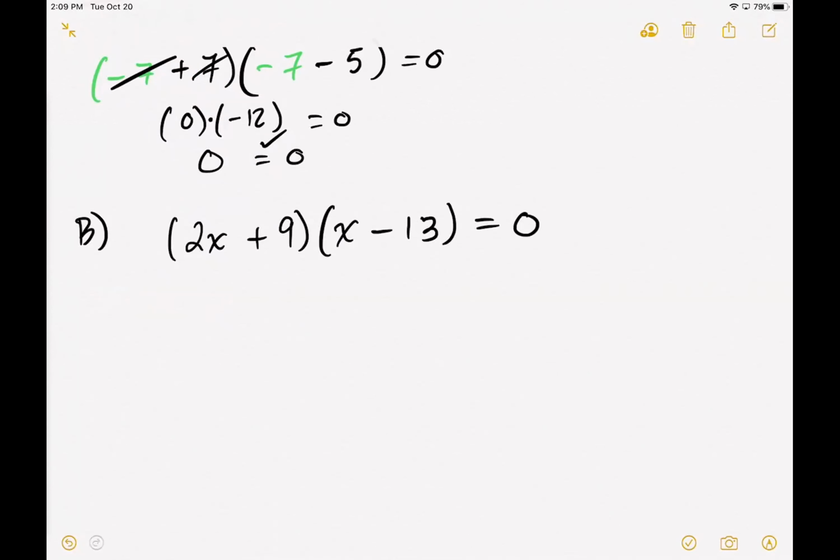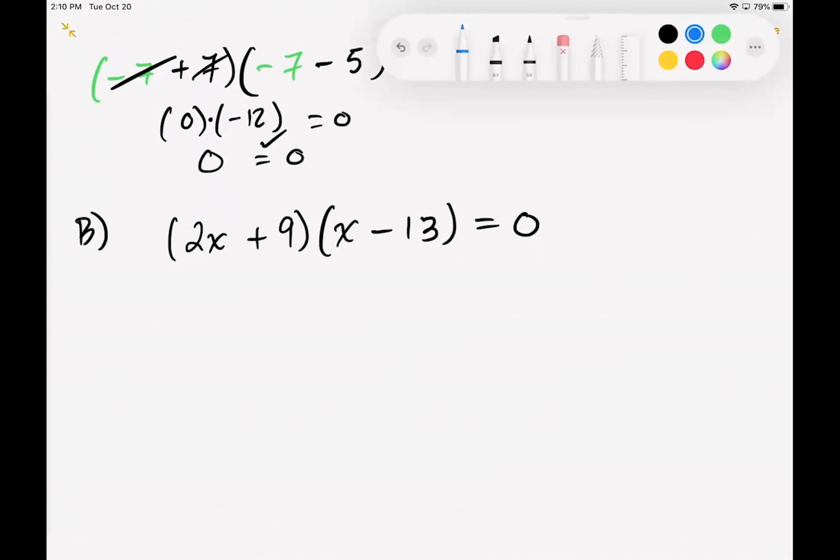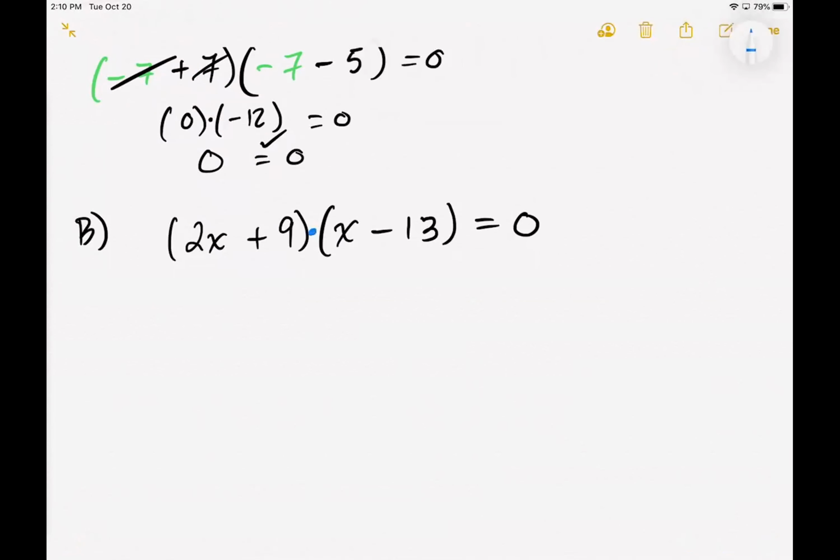So if you look at this, it's very consistently the same. What you need to ask yourself is, do I have something multiplied to another thing and is equal to 0? The most important thing, as you will hear me say a lot, is: is my equation equal to 0? And in this case, my equation is equal to 0.